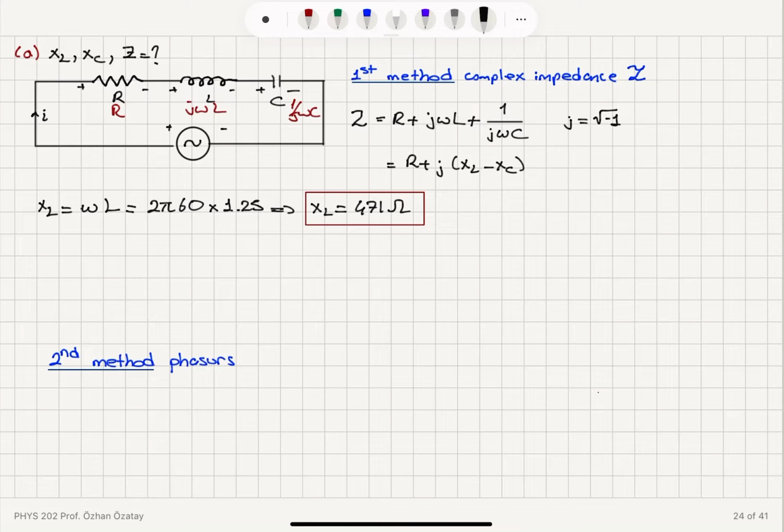And for the capacitive reactance XC, which is 1 over omega C, that's the magnitude of the complex impedance of the capacitor. This is (2 pi 60 times the capacitance 3.5 times 10 to the minus 6 farads) to the power minus 1. And this gives us a capacitive reactance of 758 ohms.